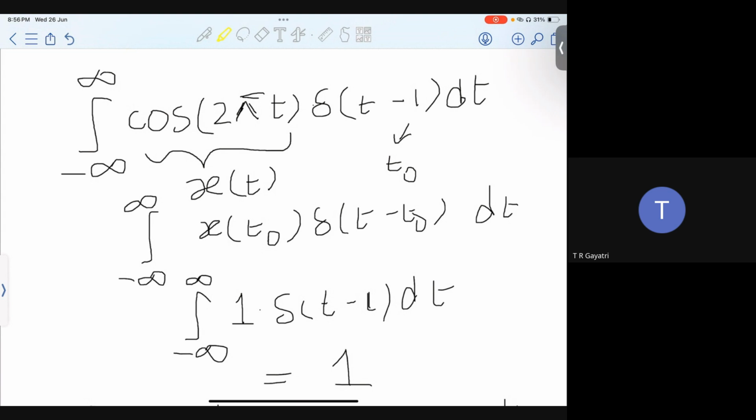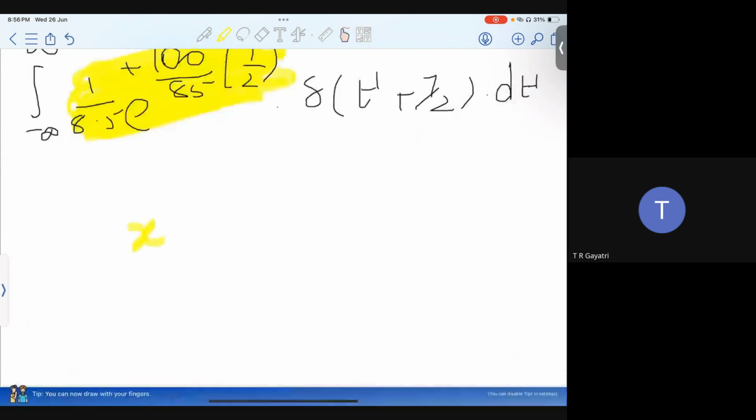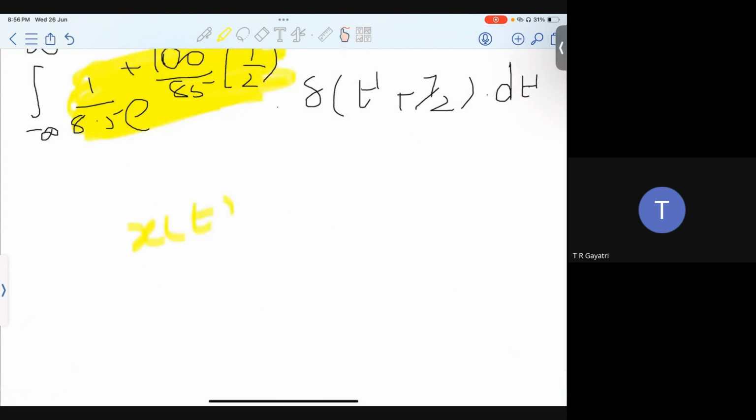A complex signal will have two parts. So x of t can be written as the real part xr of t plus j times the imaginary part.